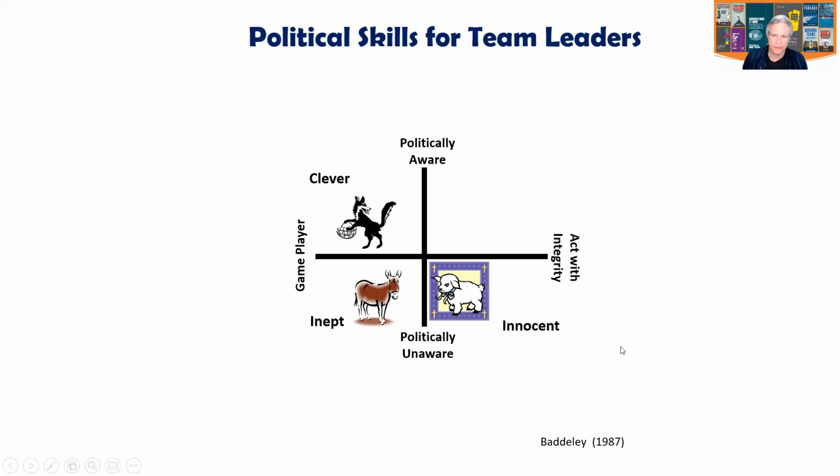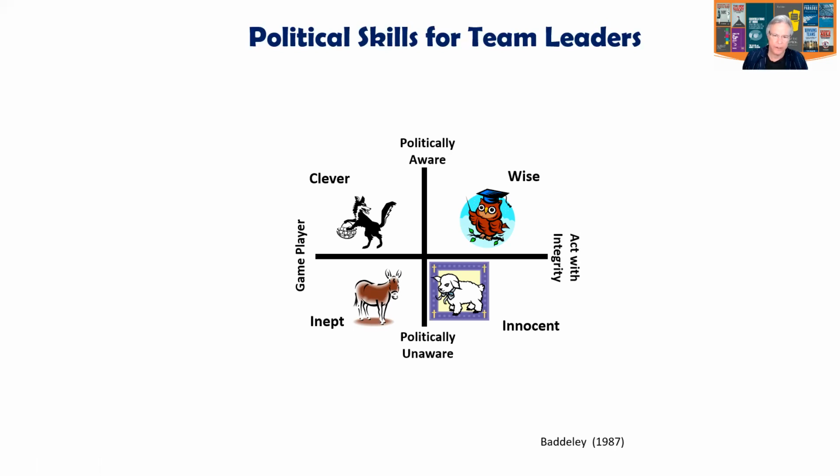Now, this is where you need to be, and this is why I put this in perspective. You need to be in the top right quadrant. These are people who are politically aware, who act with integrity, and we might call them the wise owl. So you'll notice it says politically aware and acts with integrity.